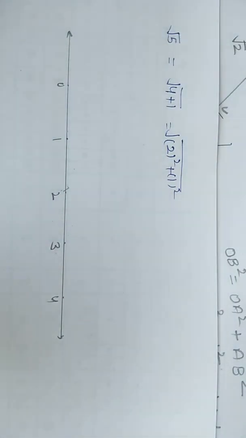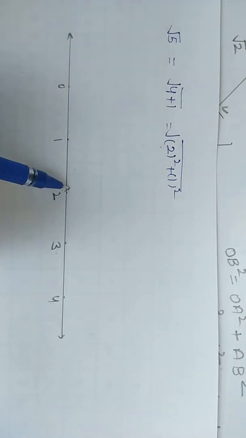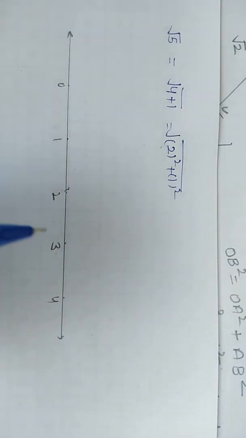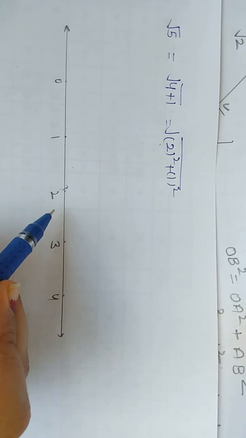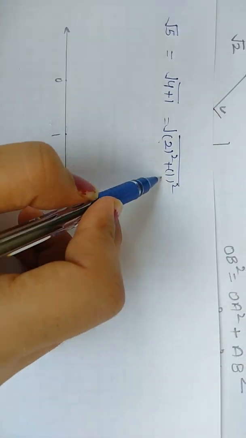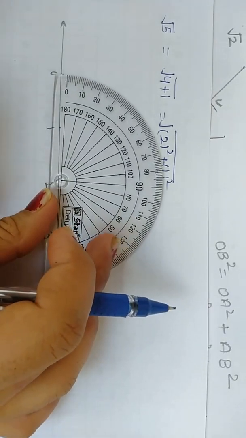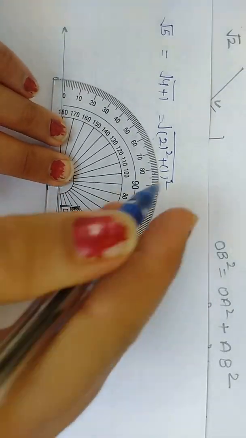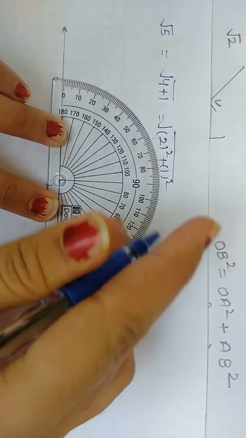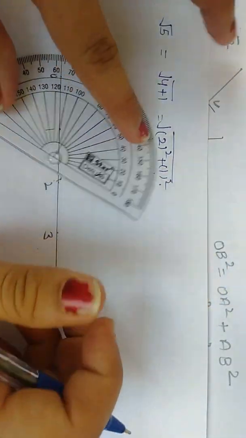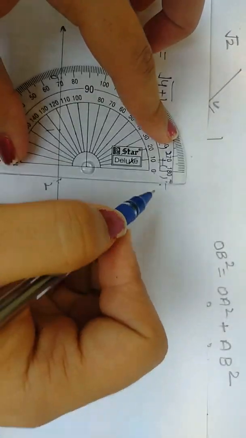Okay, so now we take the line segment of 2 on the number line and we mark an arc of 1 centimeter. Now we take the perpendicular on point 2. We draw a line from this point.